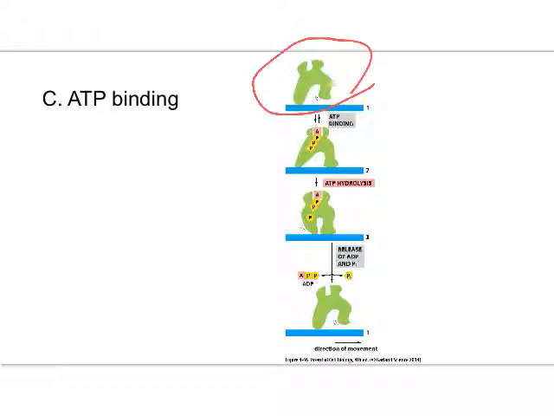They move cilia, flagella of eukaryotic cells. They cause the kind of crawling movement of amoeba. They move organelles inside of cells. So these motor proteins are really essential.